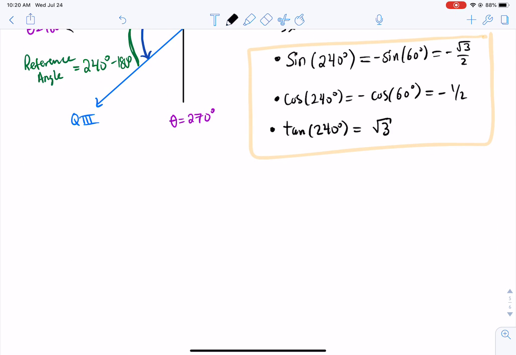So here is another example. Let theta be equal to 16 pi over 3.